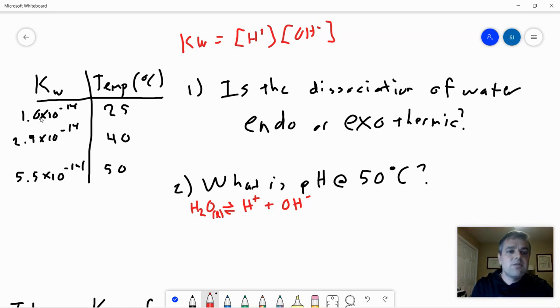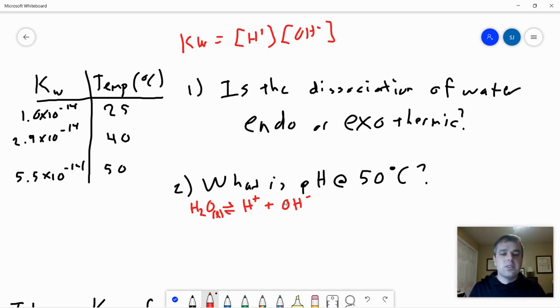So if the value of the equilibrium constant is increasing, that means the amount of H pluses and hydroxides are increasing, which means as the temperature goes up, our equilibrium position is shifting towards the right.